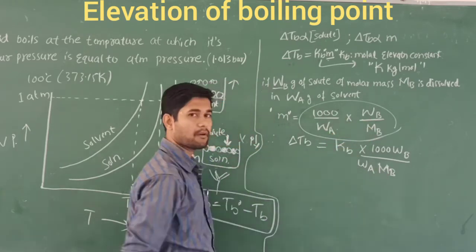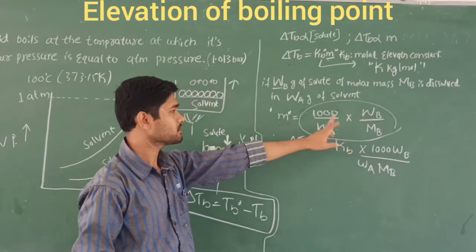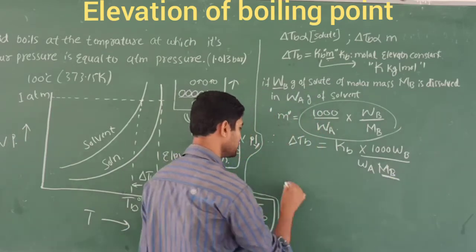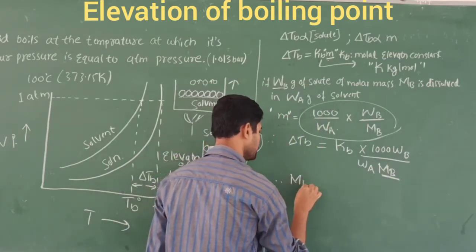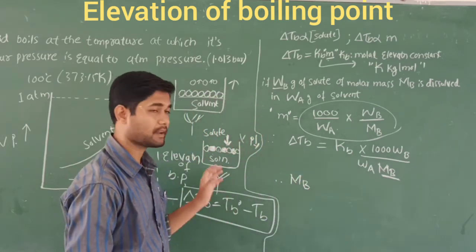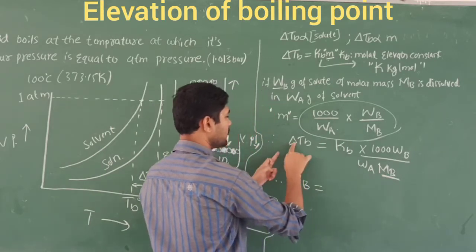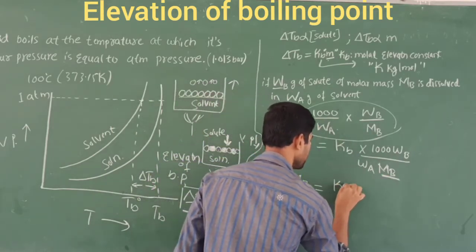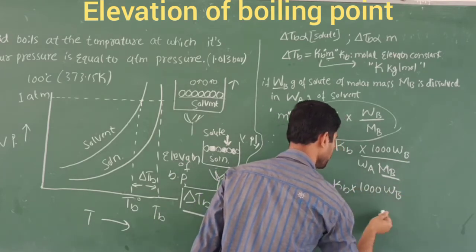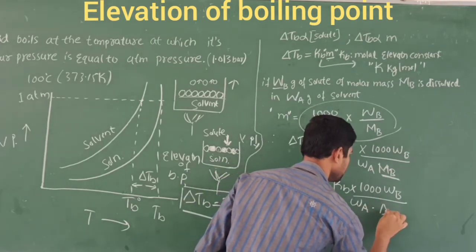This is called gram of the solvent, this is called gram of the solute, this is called molar mass of the solute. So now I am going to take here MB. Therefore, what is this MB? MB is nothing but the molar mass of this non-volatile solute when I add it to the solvent. So MB comes here, delta Tb goes there: MB is equal to Kb into 1000 into WB divided by WA into delta Tb.